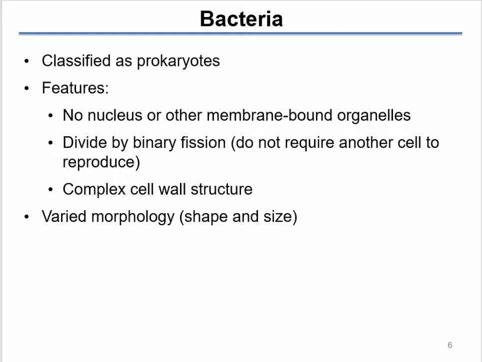The cell wall is more than a cell membrane, and there's some complexity to it, and that's what gives the bacteria its shape. We call the shape and size morphology, and there are all kinds of different morphologies in bacteria.